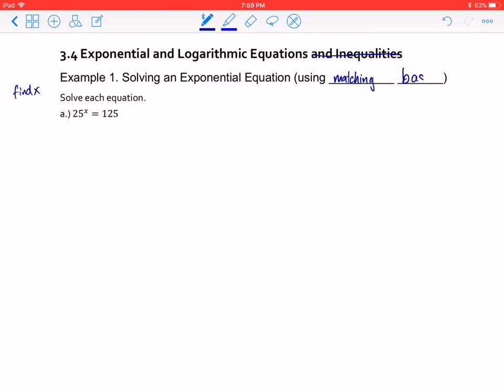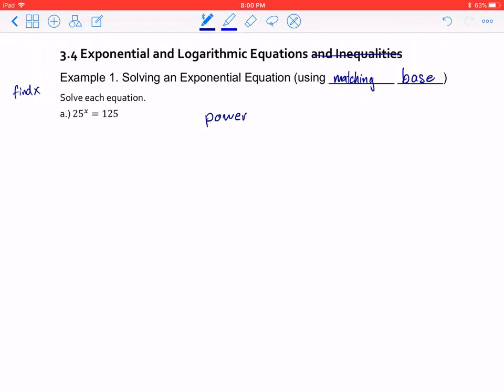When it comes to dealing with matching bases, we want to make sure we keep our powers in mind. Say I'm given the equation 25 to the x is equal to 125. The quick thought may be, okay, 25 to what power gives me 125? Well, there isn't an obvious one. But I do notice that both 25 and 125 are powers of 5.